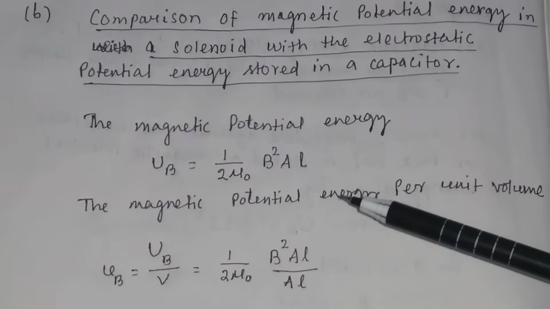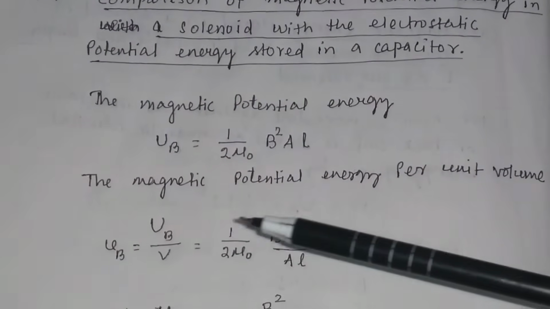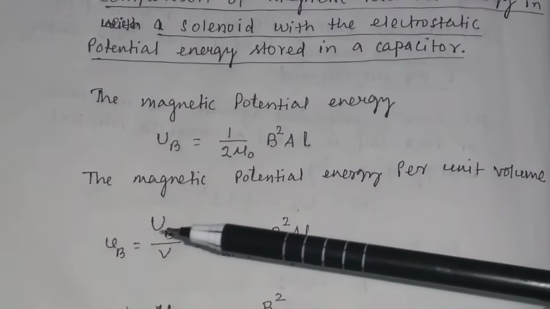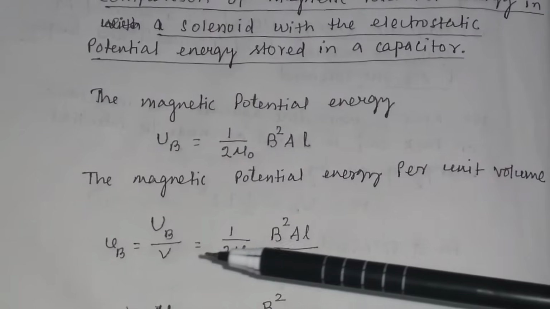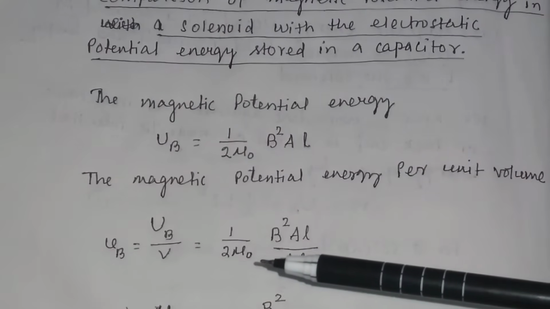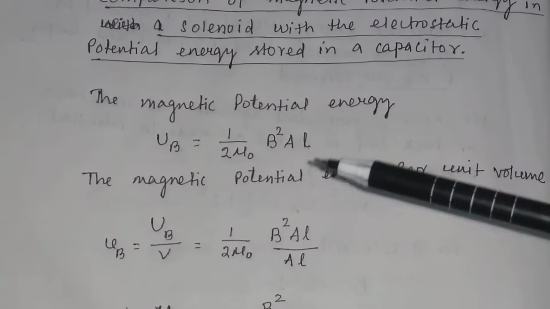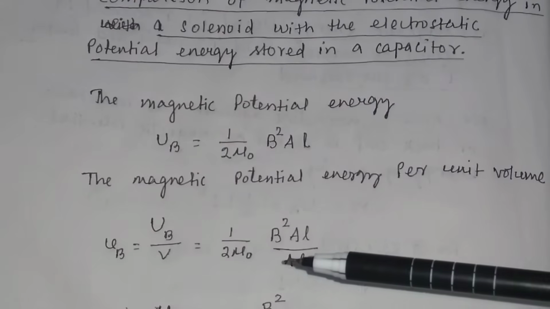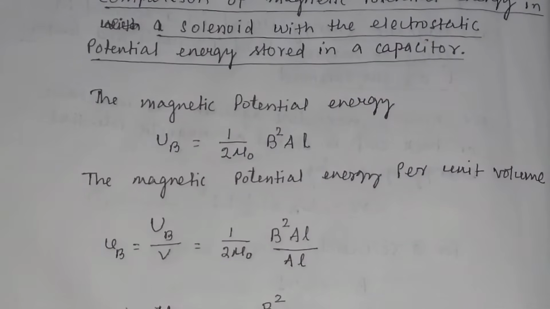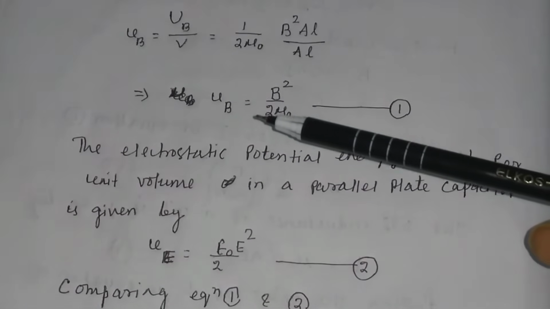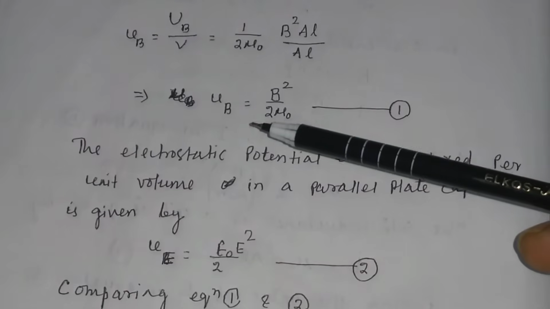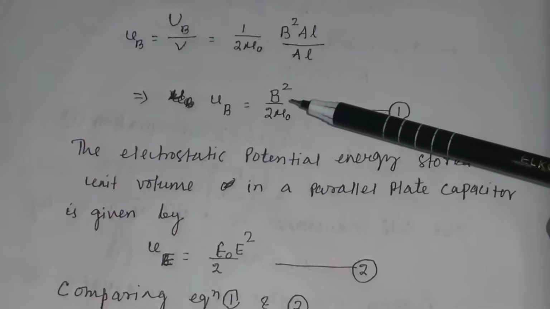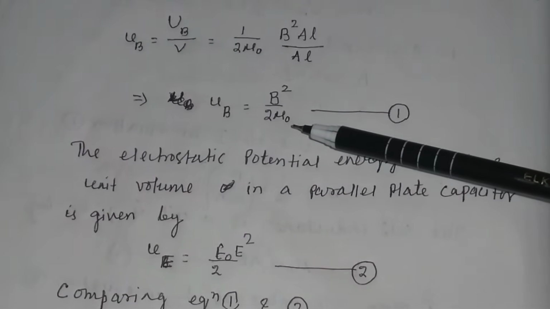The magnetic potential energy per unit volume will be, let us say, small ub, that is equal to UB divided by V, that is equal to 1 divided by twice mu 0 B square AL divided by the volume. Volume is equal to area into length. So magnetic potential energy per unit volume will be equal to B square divided by 2 mu 0.